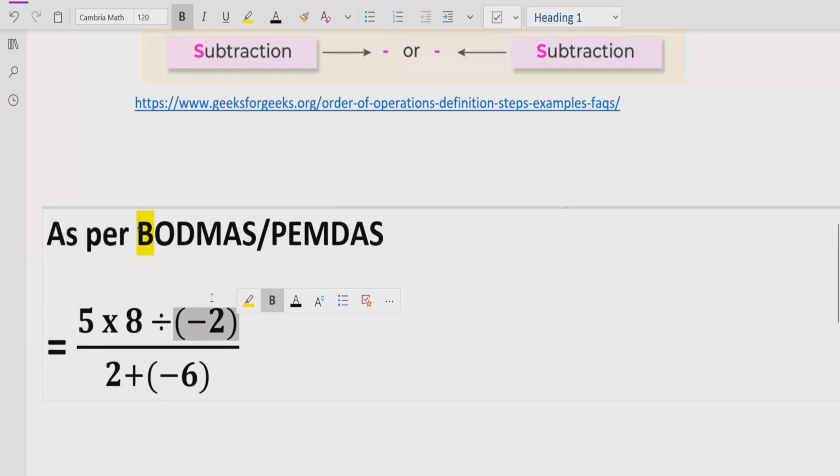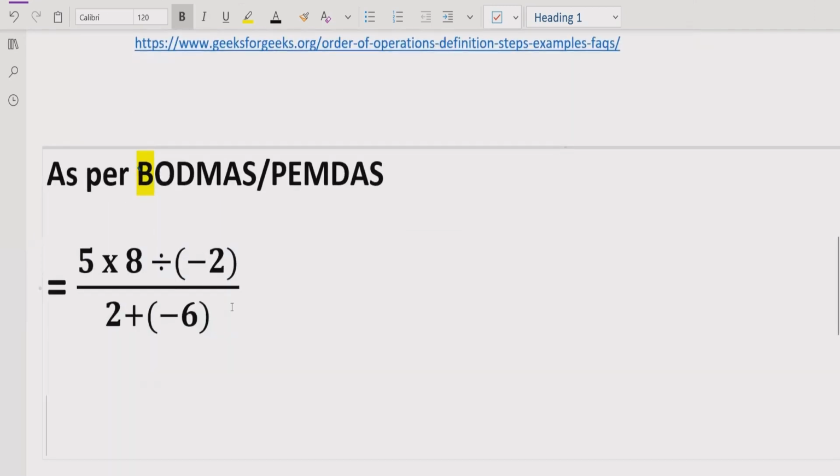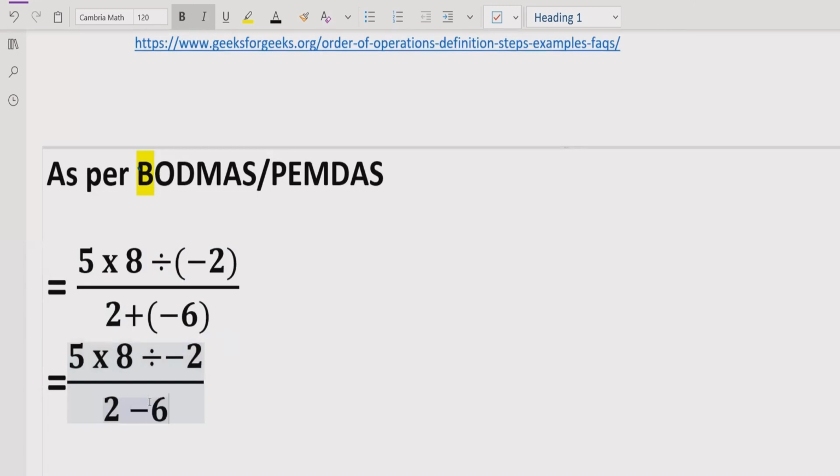So we can write 8 divided by -2 as it is, and in the denominator we have to solve plus minus. So we will write it this way, and in the 2 plus minus 6 we have the plus minus sign. We will write it and give the reference here.